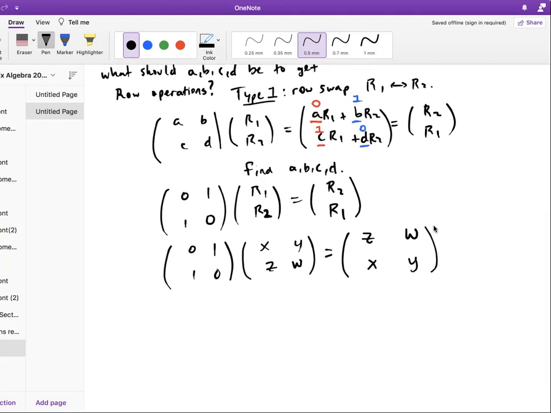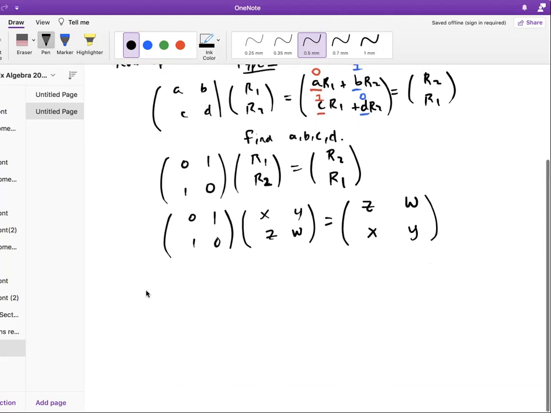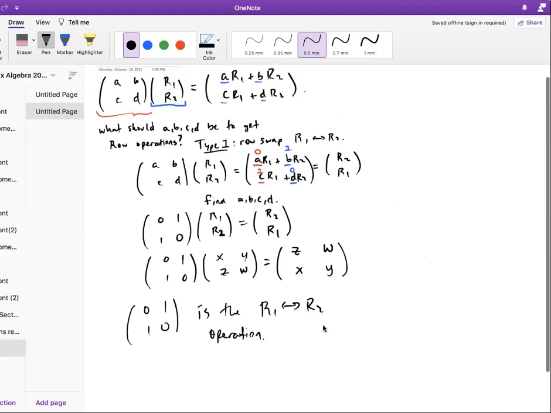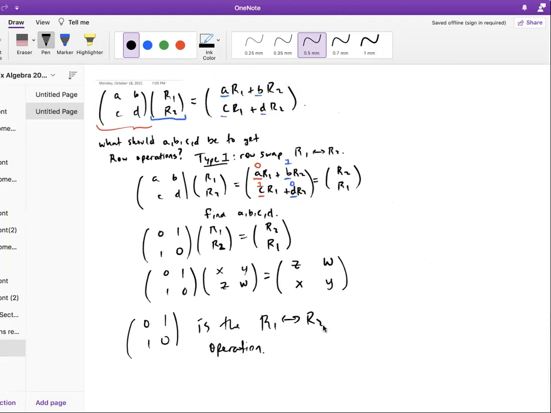So this matrix here is the row 1 swap row 2 operation. So what we're doing here is we can express row operations as some result of matrix multiplication.